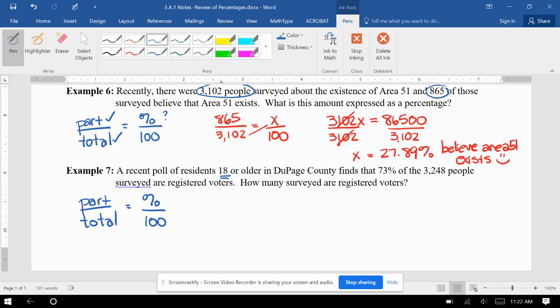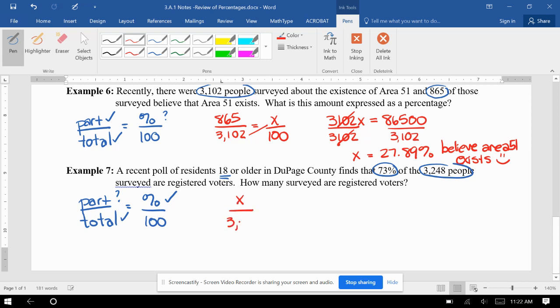So let's go ahead and look at the other numbers that we do have. We have the percentage, this number right here. This is how many people were surveyed. We need to know what part, or how many people, are registered to vote out of the total number surveyed. So we're going to plug in the numbers we know. We don't know the part. We don't know how many people are registered to vote.